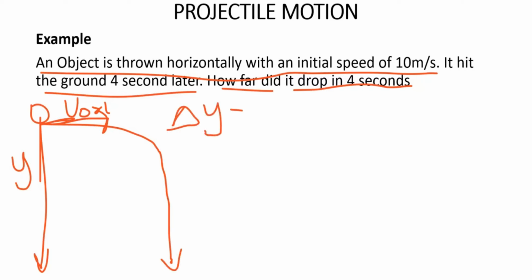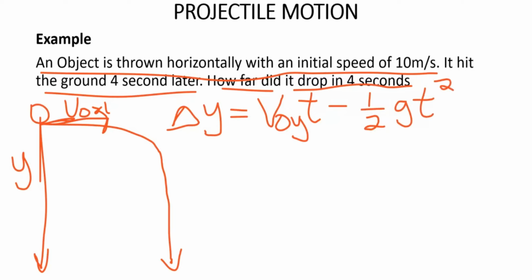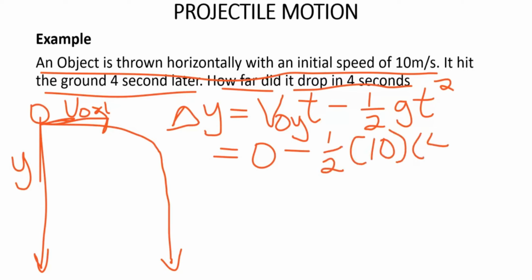Change in y is equal to initial velocity at y times the time minus half gt squared. And we know that the initial velocity at y is 0, times the time 4 seconds, equal to 0 minus half. g here is 10, then t is 4 squared.